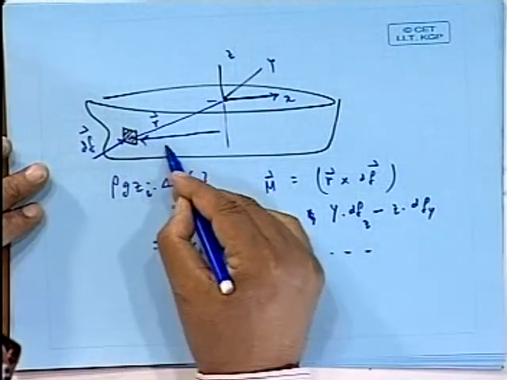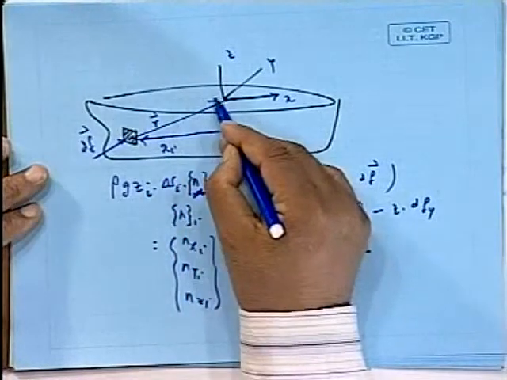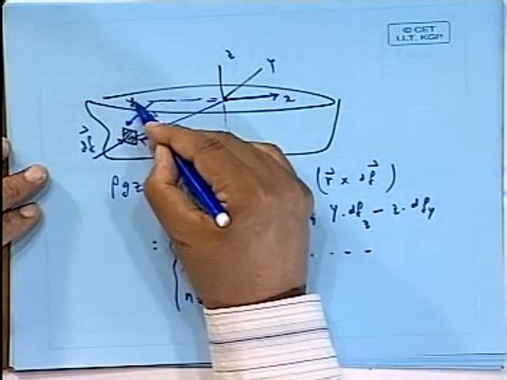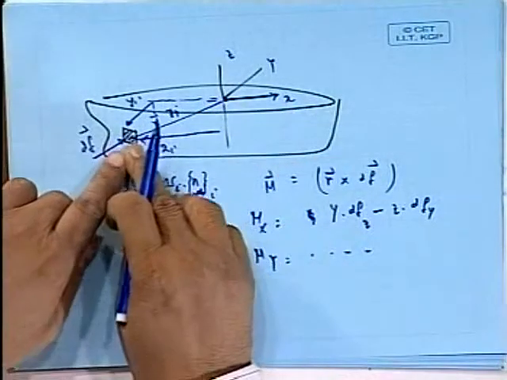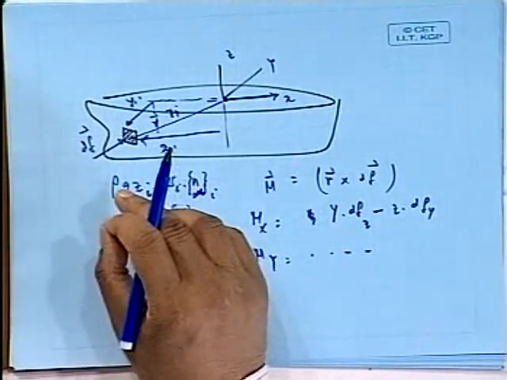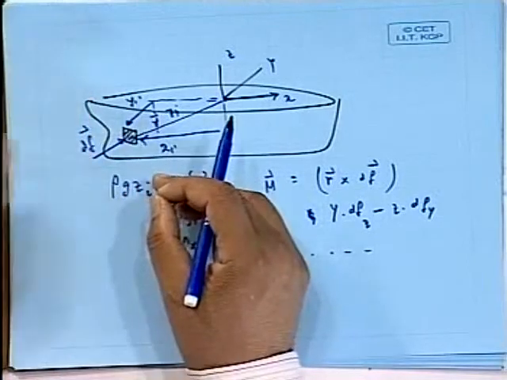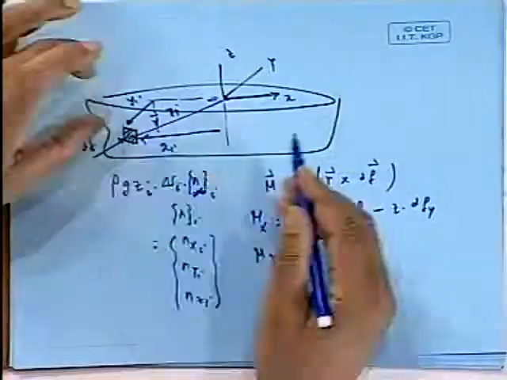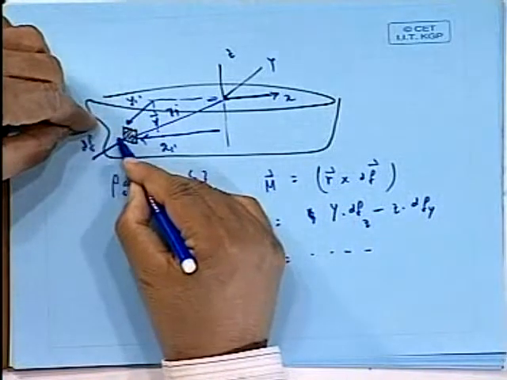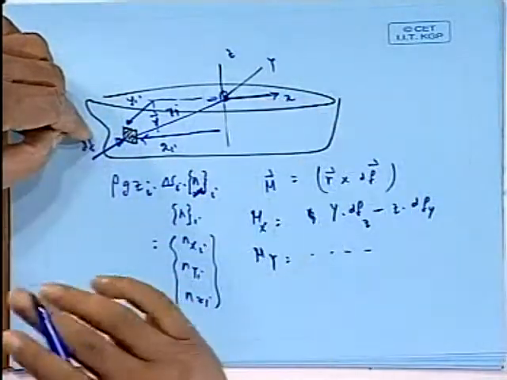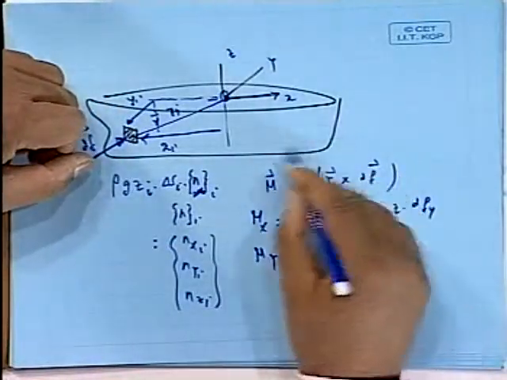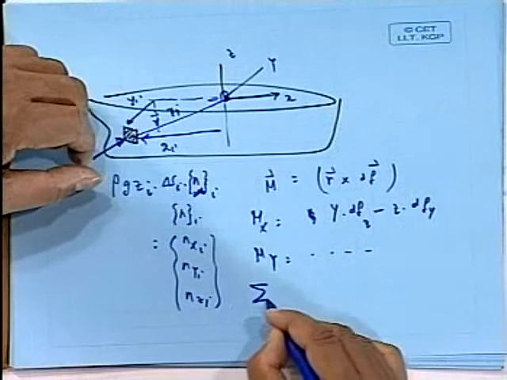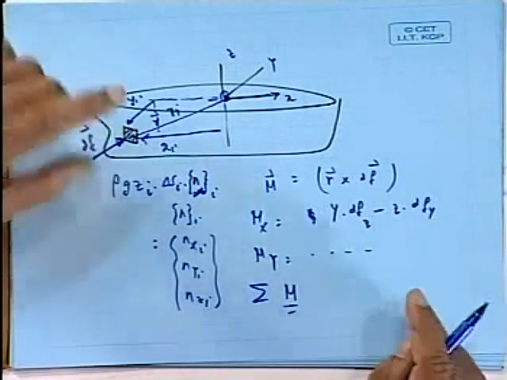This is my xi, this is my yi, and this is my zi. I know for this panel, this particular point, what my x, y, z coordinates are. I know the normal direction nx, ny, nz. Therefore I can find out for this particular force what the moment is about any axis, mx, my, mz. Again I do that and I just sigma it.